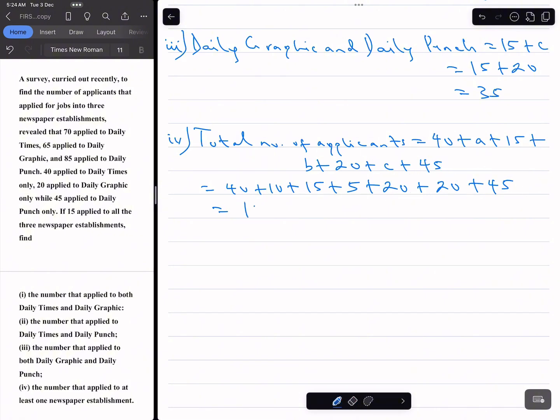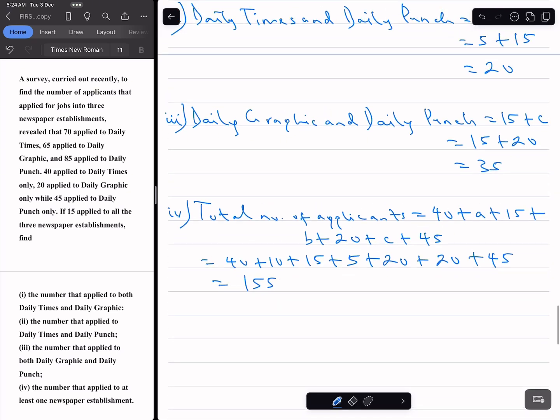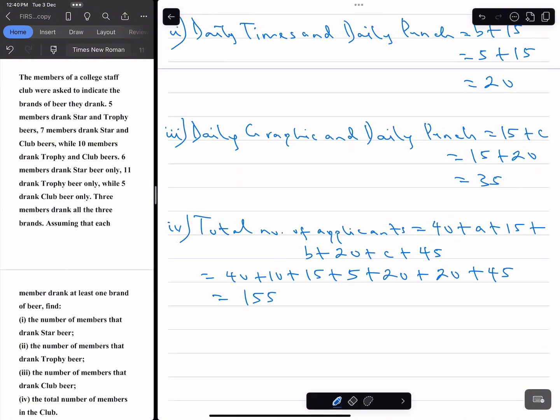That therefore means the total number that applied to at least one newspaper establishment is 155, and that's it.